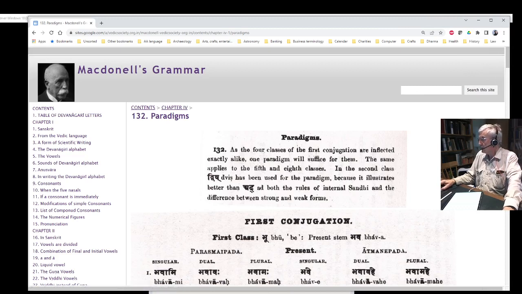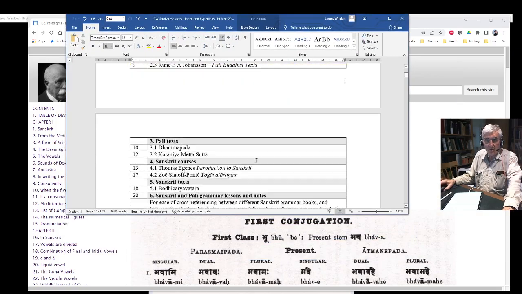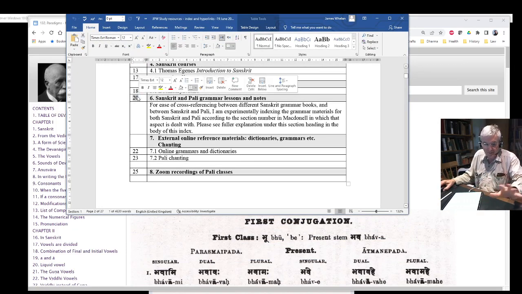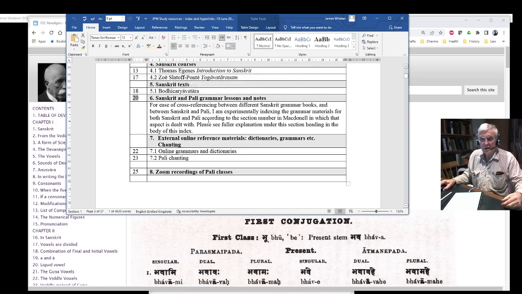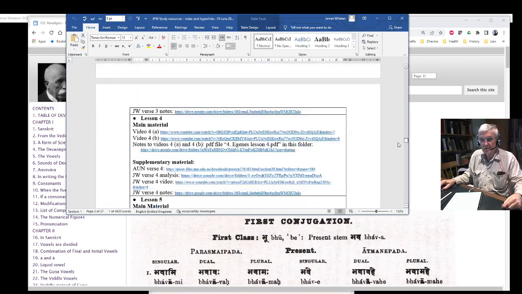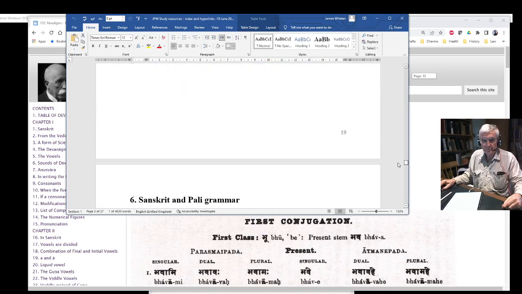It's on page 20 of the current one. Let me just call it up for you here: Sanskrit grammar lessons and notes. It's currently on page 20. These page numbers, of course, change as this sheet gets added to. But if we go down to page 20.